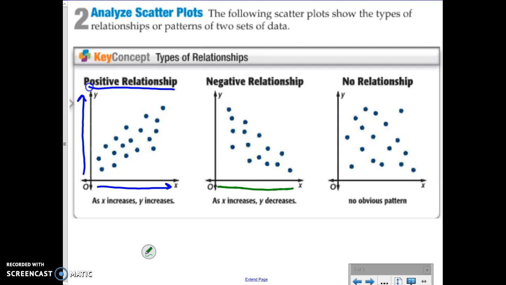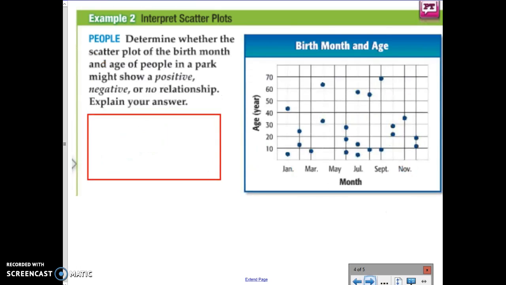So as x increases this way, y is actually going to decrease as we go down. And then the third one is no relationship. In a no relationship, there's no obvious pattern. So notice how we've got points plotted on this coordinate plane that are scattered everywhere. We don't have anything that's showing positive or negative correlation there.